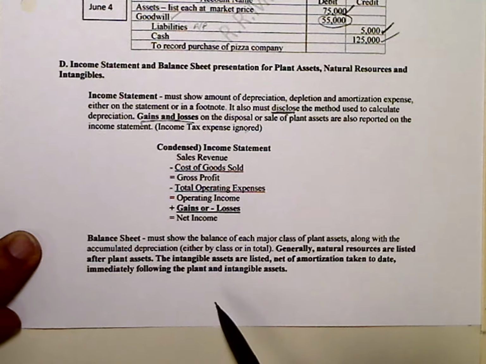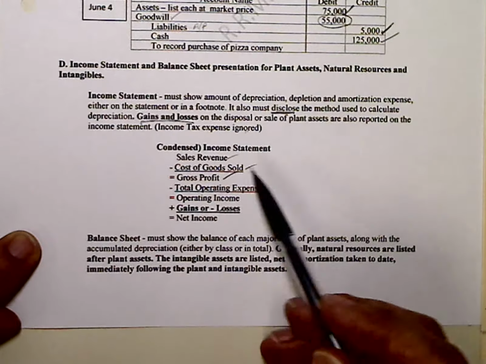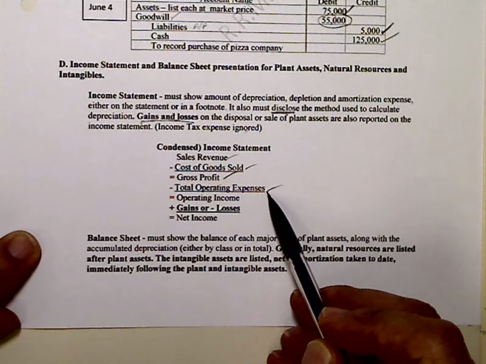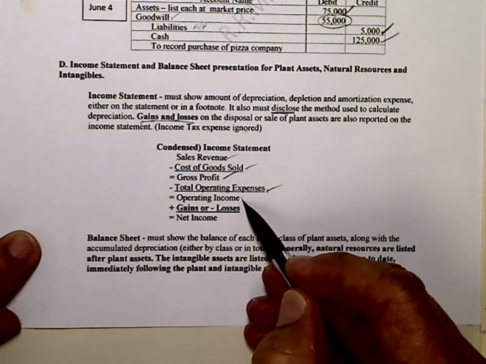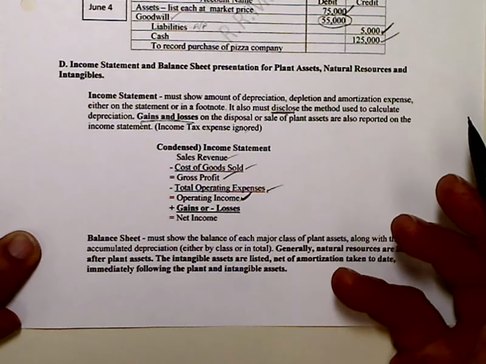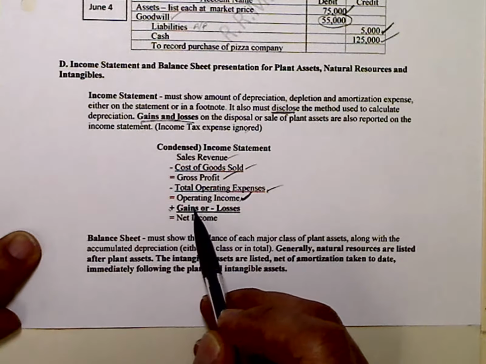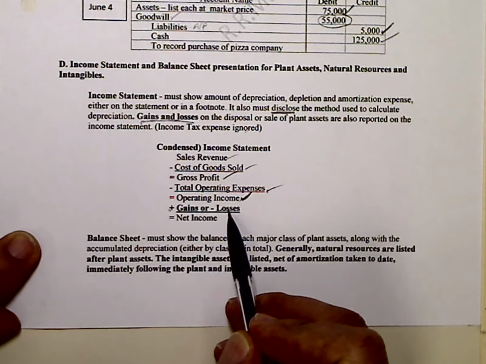So our condensed income statement here: revenue minus cost of goods sold equals gross profit, minus all of our ordinary operating expenses, rent expense, utility expense, all of those expenses gives us income from operations, and then plus any gains we had from selling off equipment or any losses that we incurred from selling off equipment.